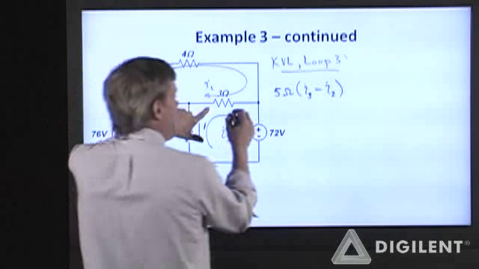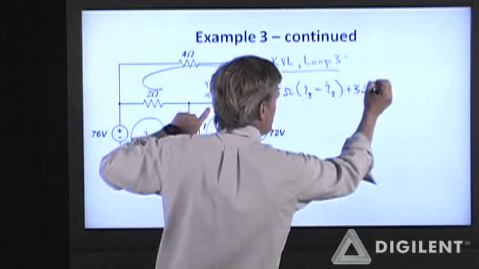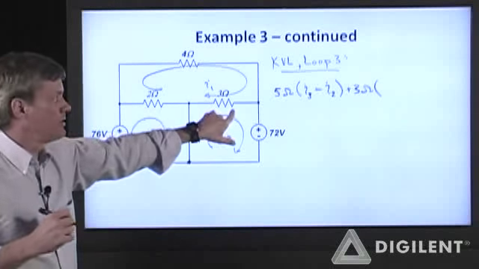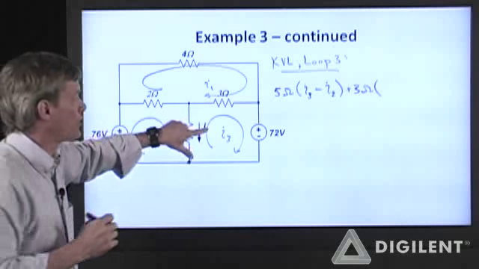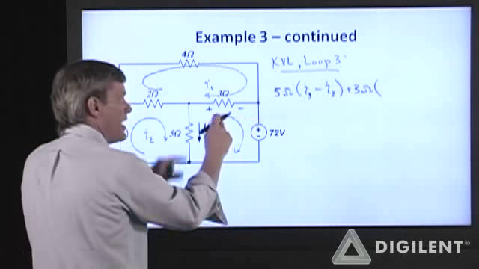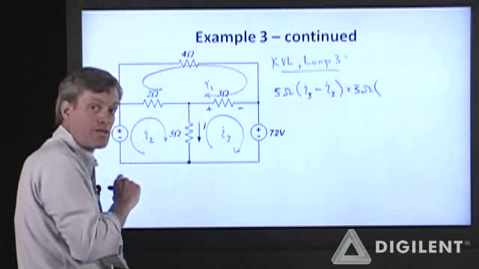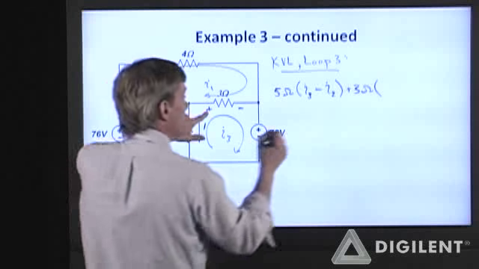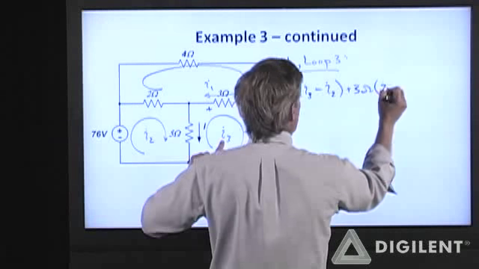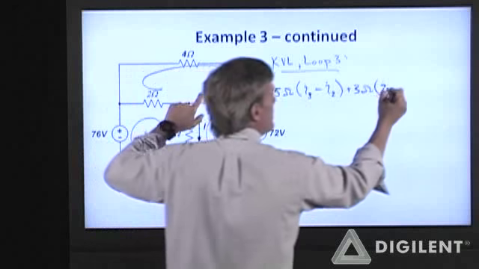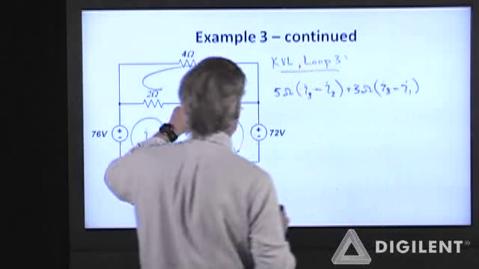I have a contribution from this 3 ohm resistance, which is its resistance times the total current. This is now the positive relative to the negative node because I3 is entering the positive node. So I have 3 ohms times I3, and I1 is going in the opposite direction.